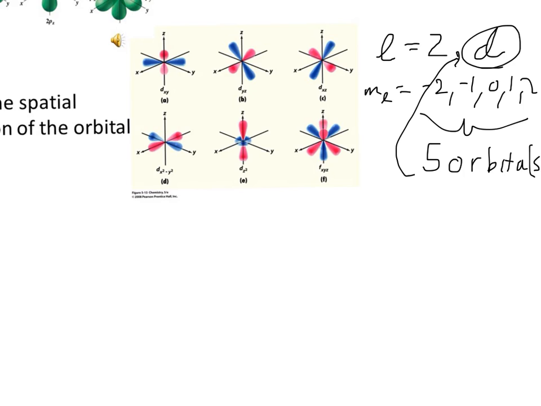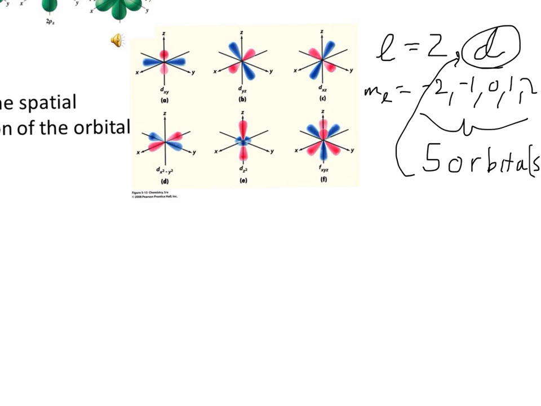Each one of those orbitals is going to have a different orientation in three-dimensional space. Now remember, when L equals 2, the shape is that 4-leaf clover, or those 4 ice cream cones. These 4 ice cream cones can be arranged 4 different ways in three-dimensional space. You can put them so that they lie in the plane of XY. You can put them so they lie in the plane of YZ.